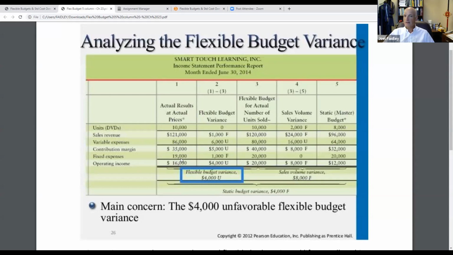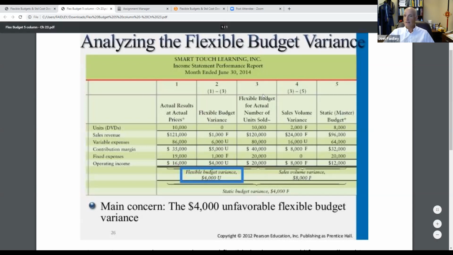Well, look at my fixed costs, 19,000, which is a little bit less than a static budget. So the comparison is now, if my actual operating income is 16,000, I'm $4,000 more. Is that good or bad? Well, obviously it's good, but is it as good as it should have been?